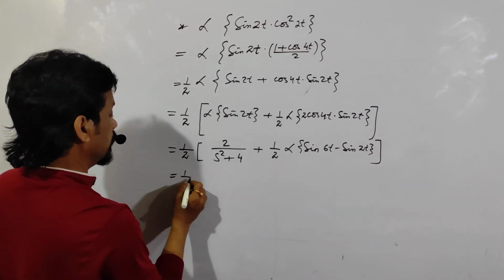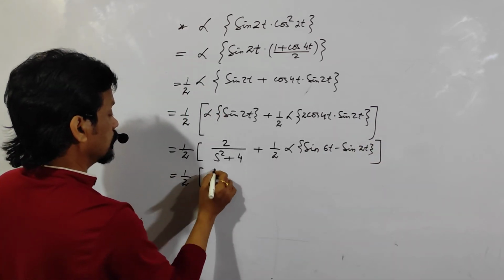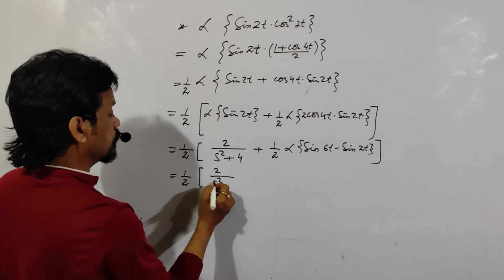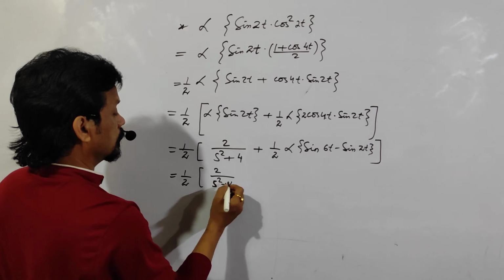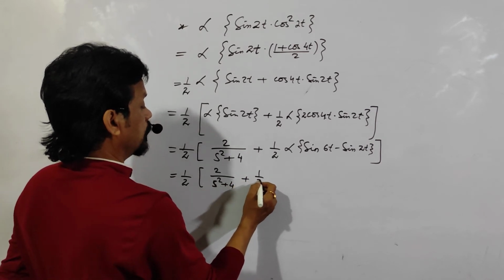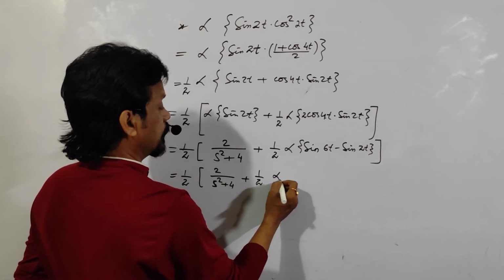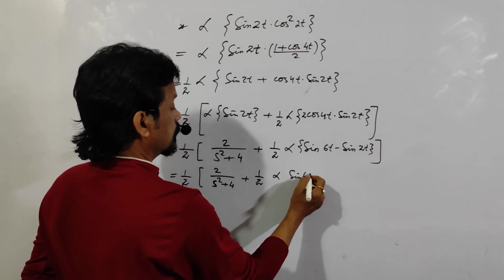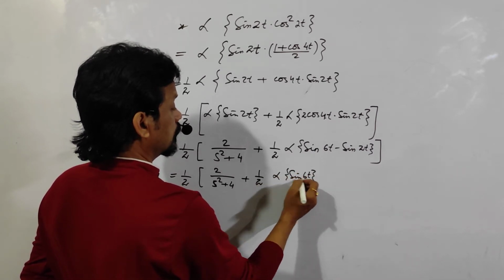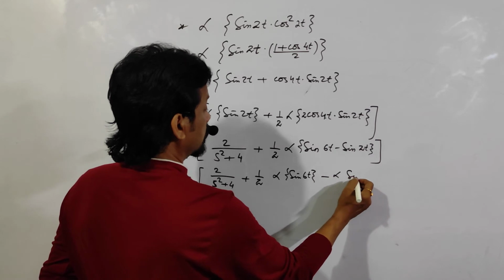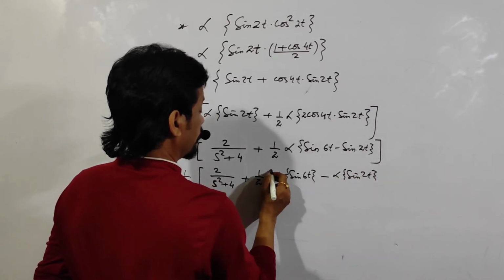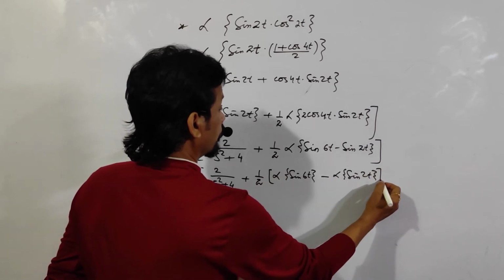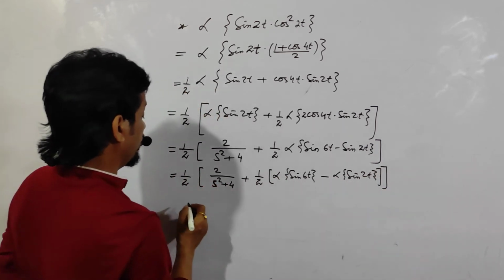It is equal to 1 by 2, 2 by s square plus 4, plus 1 by 2, it is Laplace of sin 6t minus Laplace of sin 2t. Clear?